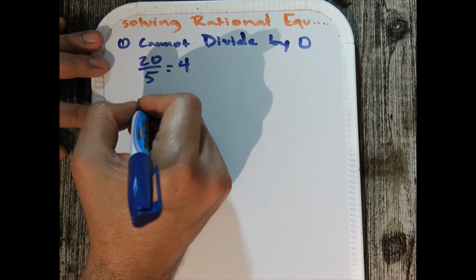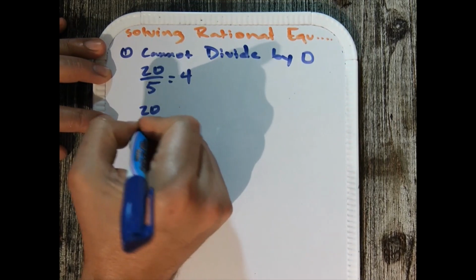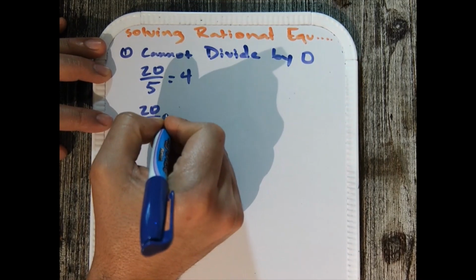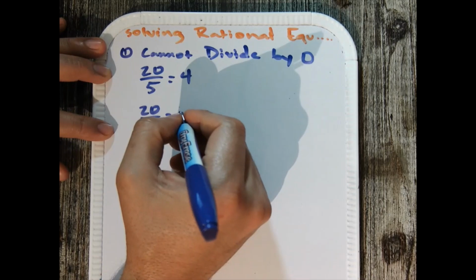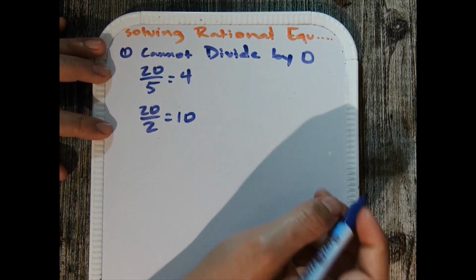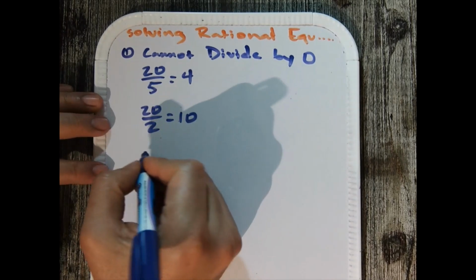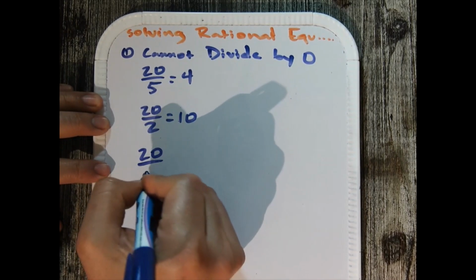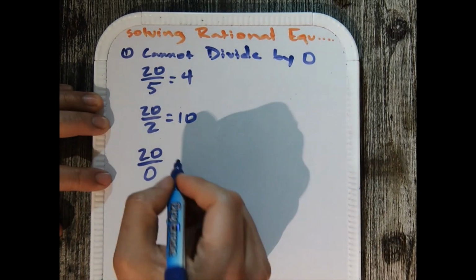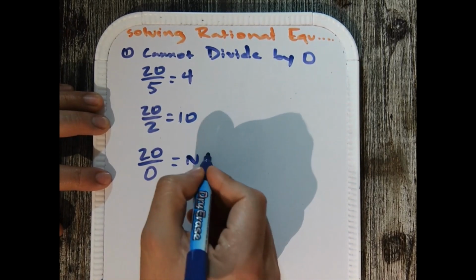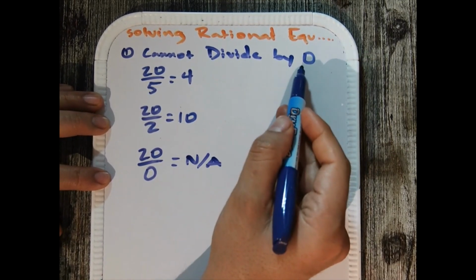I can divide $20 between 2 people. Each individual would get $10. But there's no way that I can divide the $20 between 0 people. And that's just impossible to do. So we cannot divide by 0.